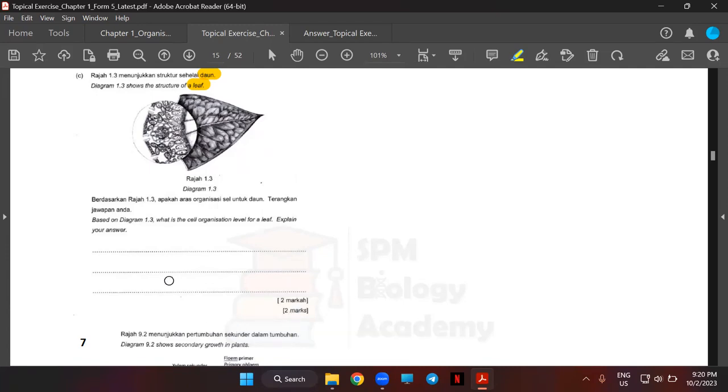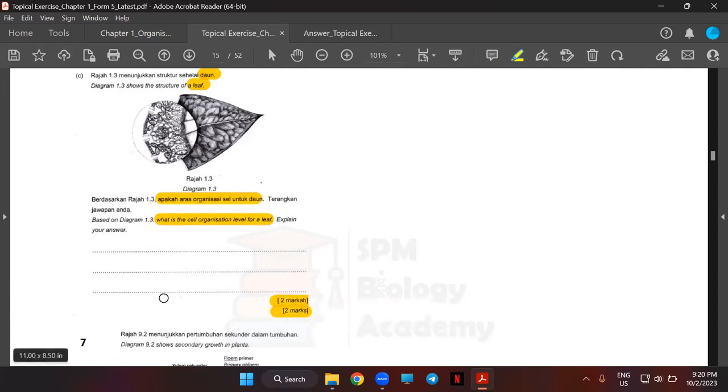What is the question asking? Berdasarkan Rajah 1.3, apakah aras organisasi sel untuk daun? Based on diagram 1.3, what is the cell organization level for a leaf? 1 mark dulu. Anyone answer?